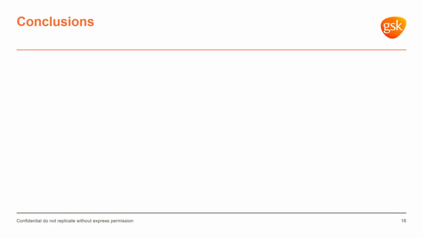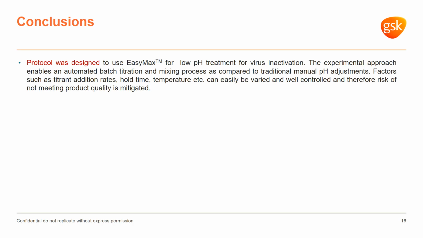So to conclude, we were able to design a protocol using the EasyMax system from METTLER Toledo to automate the low pH treatment for virus inactivation. This enabled us to have automated data collection and access to the titration curves that could be used for future data analysis.